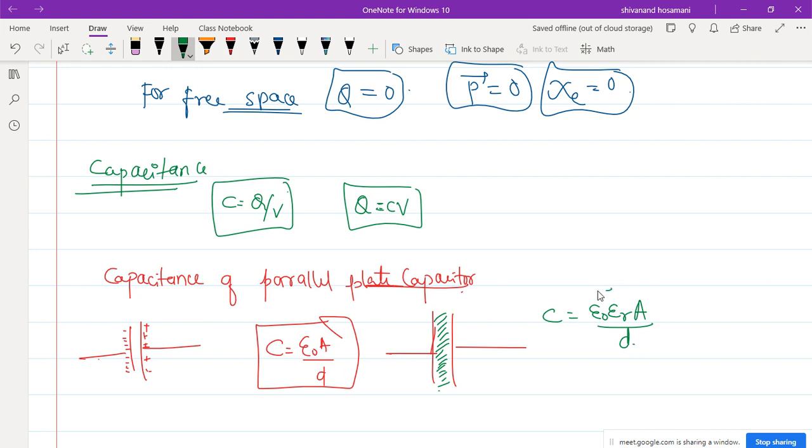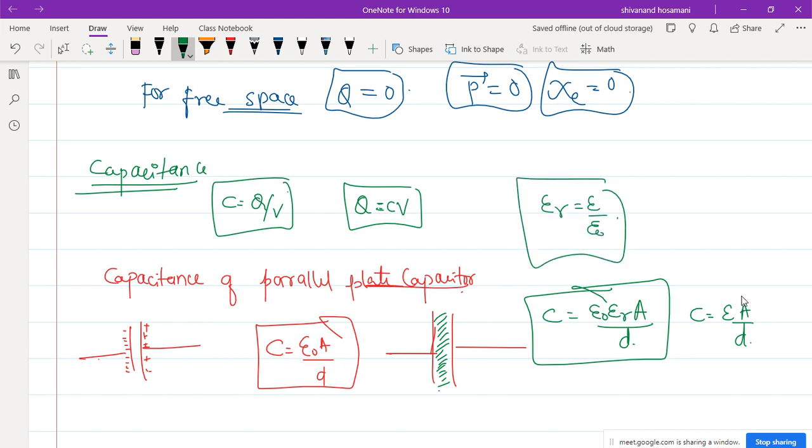Epsilon into A divided by D. Because epsilon r is equal to epsilon divided by epsilon naught. Therefore, I can rewrite that equation like this.